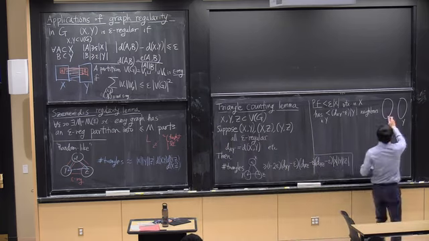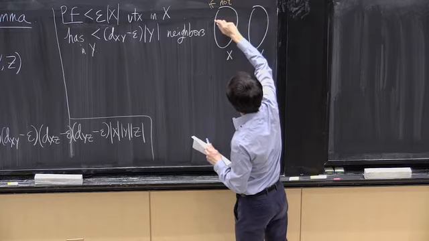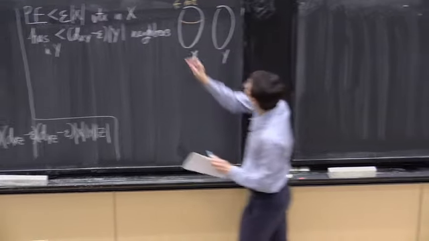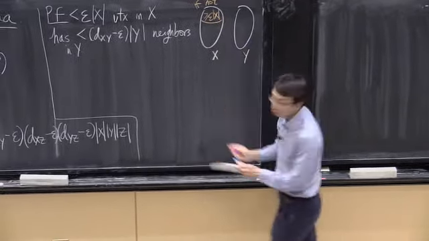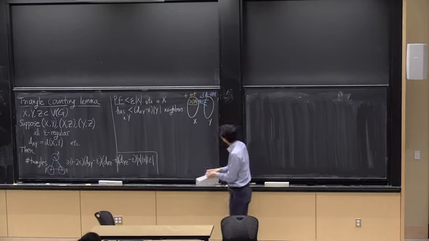So if not, then let's look at this subset, which has size at least epsilon x, and all of them have fewer than that number of neighbors in y.